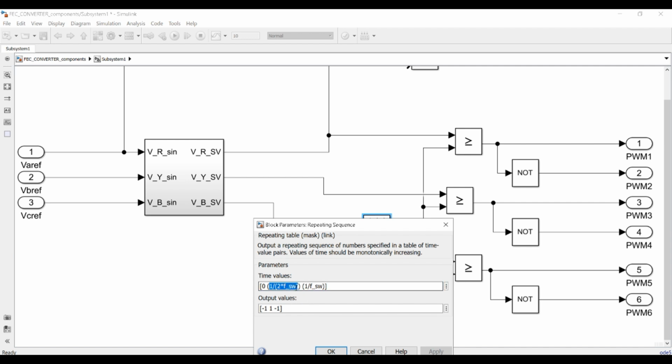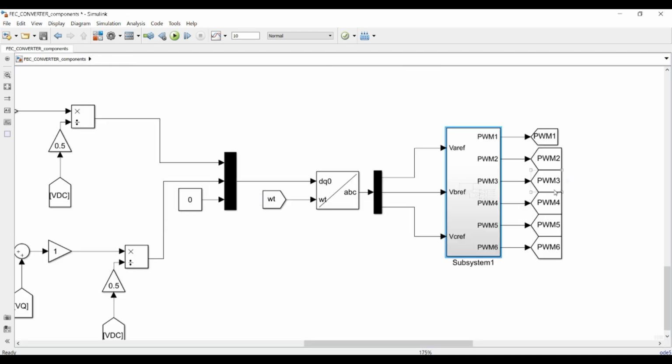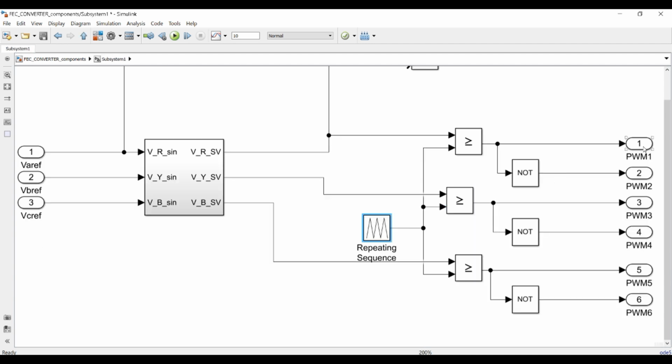So this is the switching frequency, and this is half of that switching frequency, and here it goes from -1 to 1 and -1, and from here the pulses for switch 1 and 2, and then 3, 4, and then 5, 6 will come out. So it will be pulse width 1, 2, 3, 4 and 5, 6. Now this one will go to 1 and this one will go to 4 likewise.